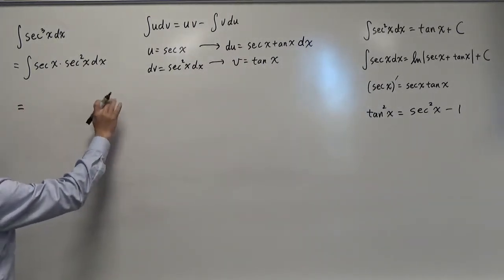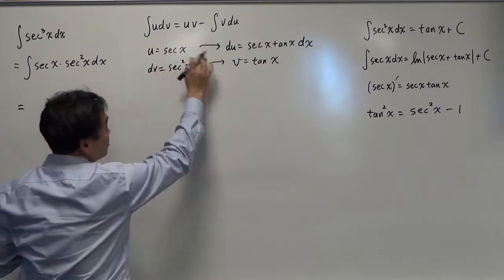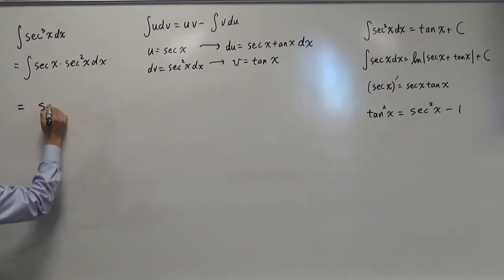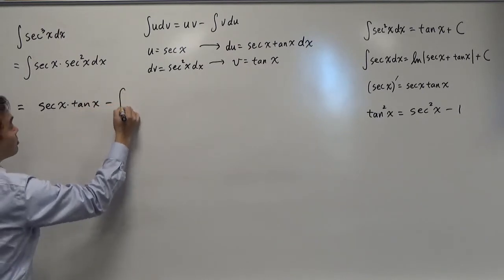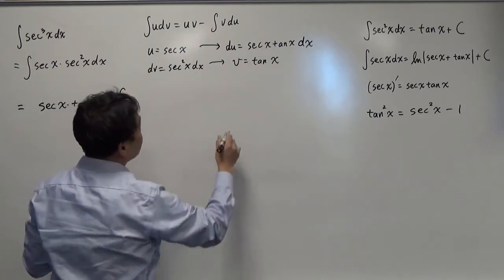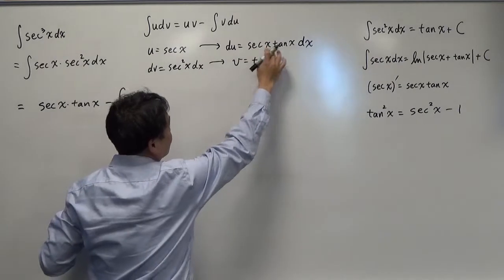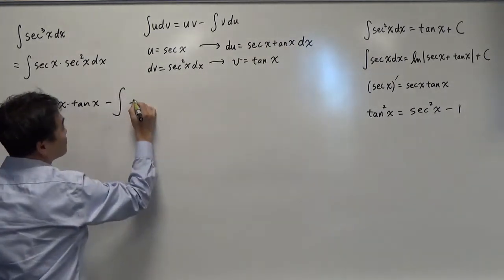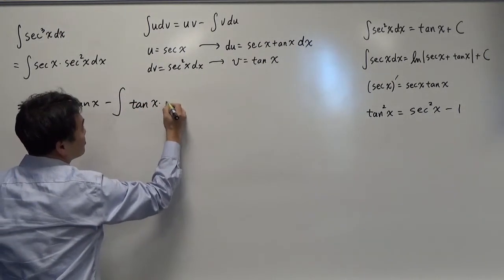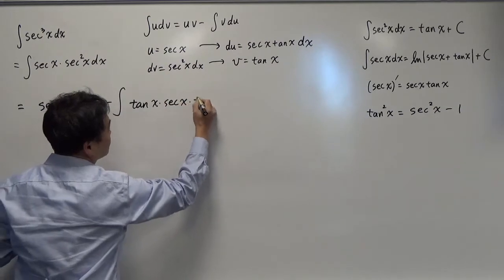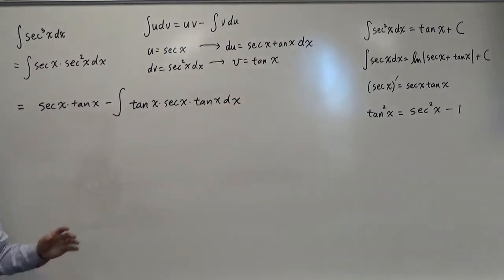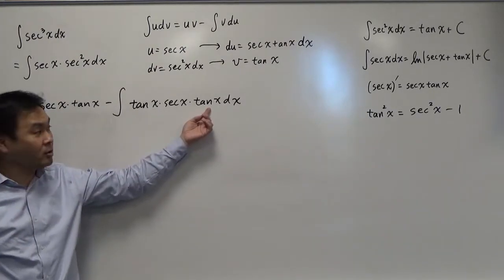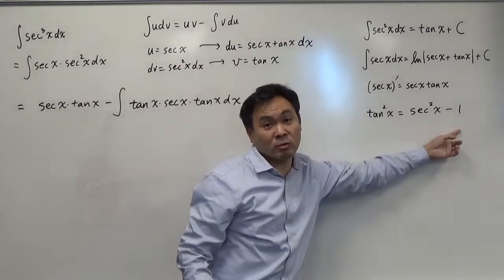The integration by parts says uv, so secant x times tangent x, minus the integral of v du, so it's tangent x times secant x tangent x dx, and then notice that you get tangent squared, which is equal to secant squared minus 1.